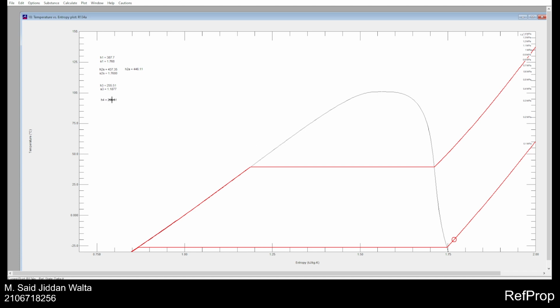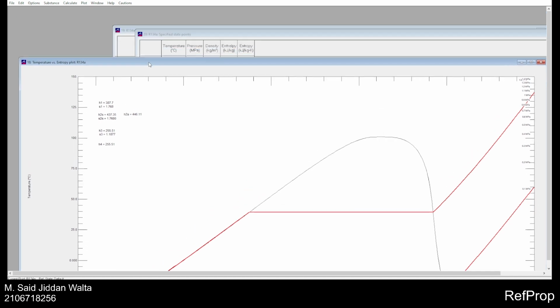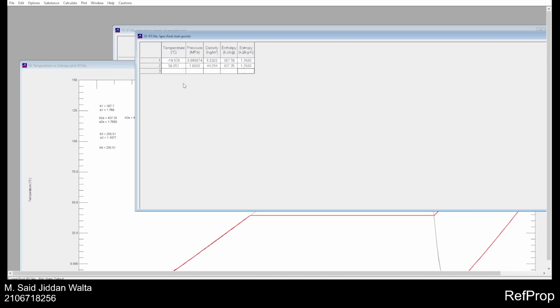However, the entropy will change as seen in the graph here, where it moves from top to bottom, and we can find the exact entropy by plugging it into the specified state points, where we know that the enthalpy is 255.51, but the pressure is going to the lower end of this graph, which is at 0.1.